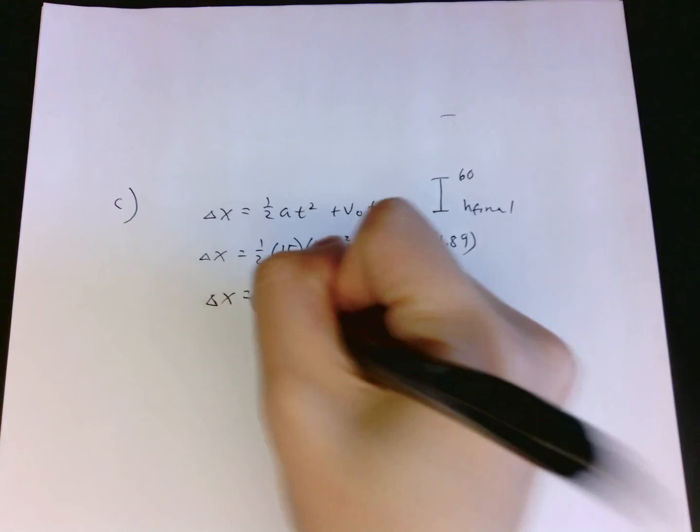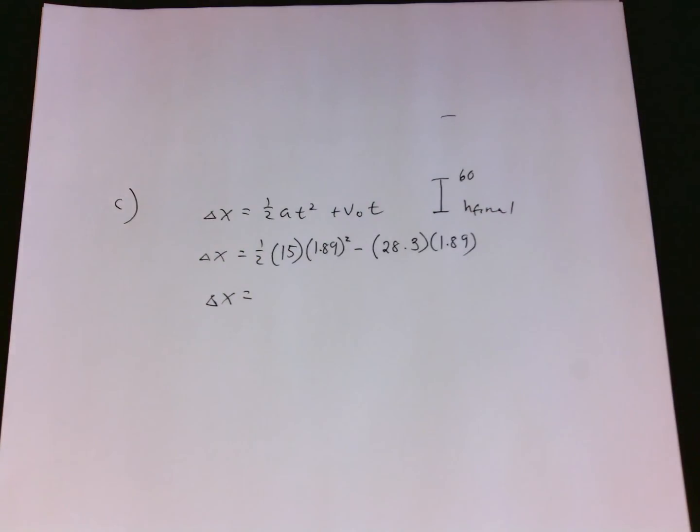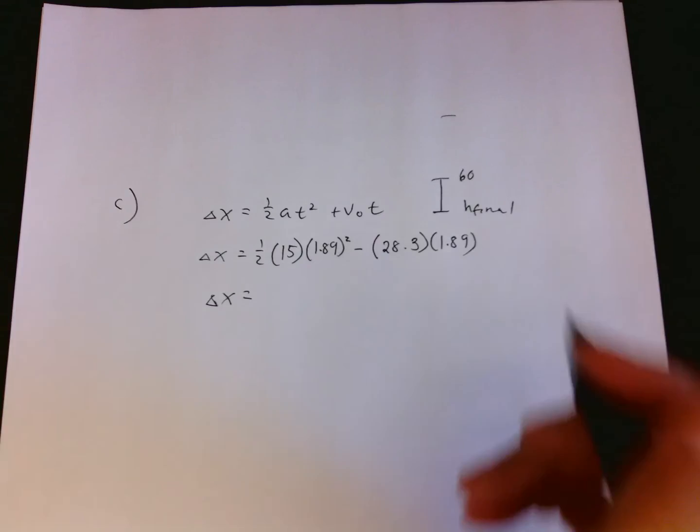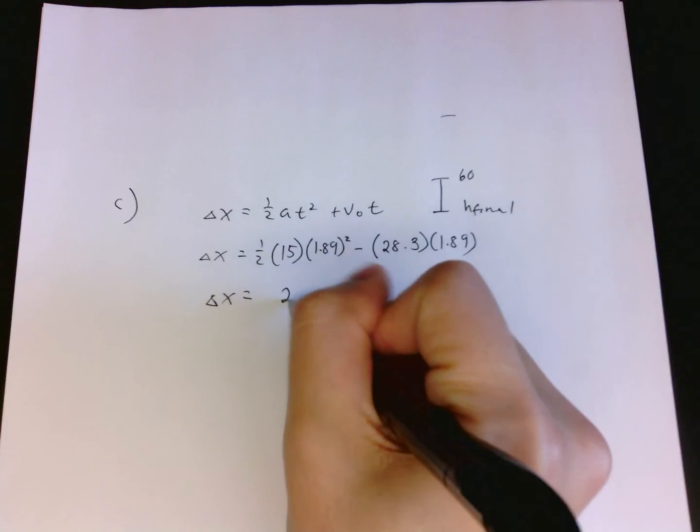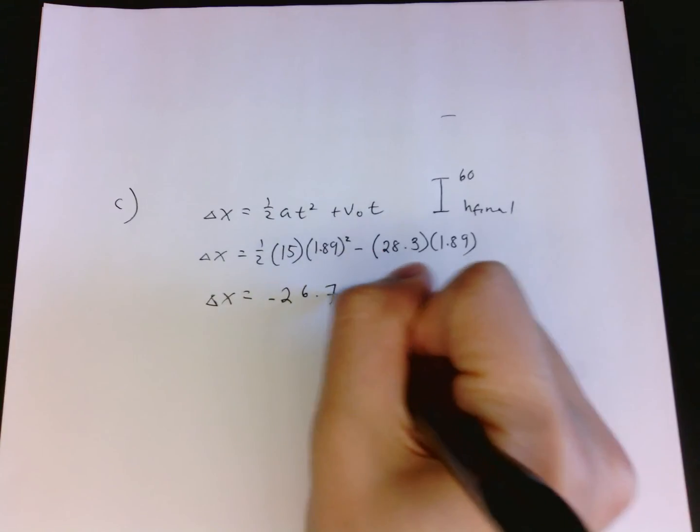So delta x is equal to 0.5 times 15 times 1.89 times 1.89 minus 28.3 times 1.89, which is negative 26.7 meters.